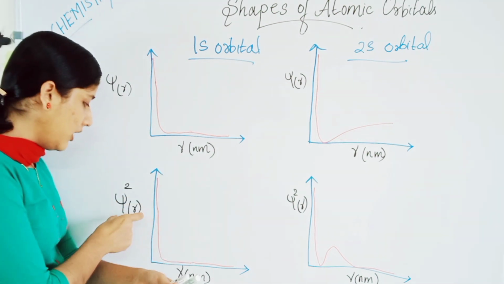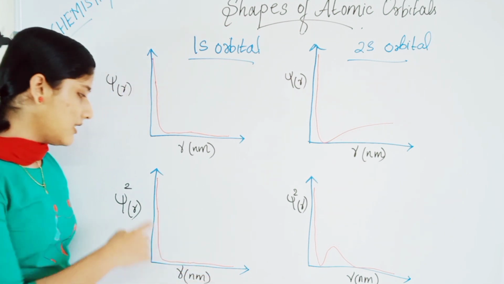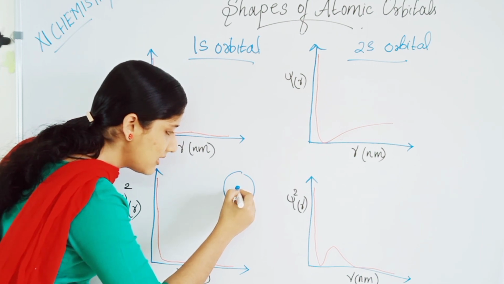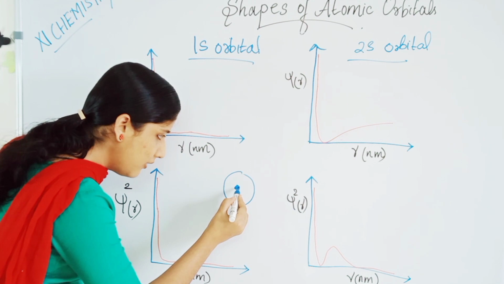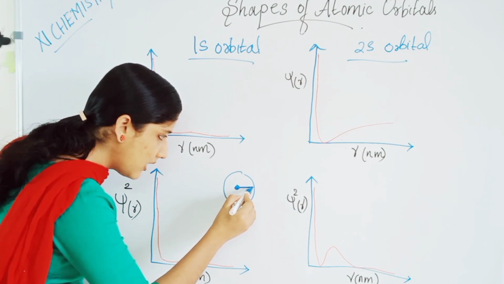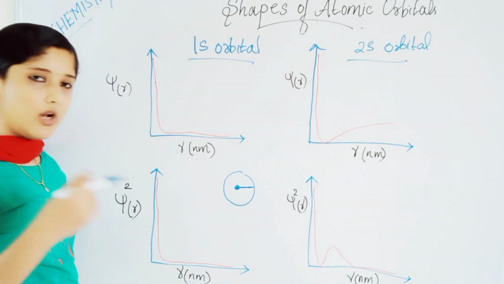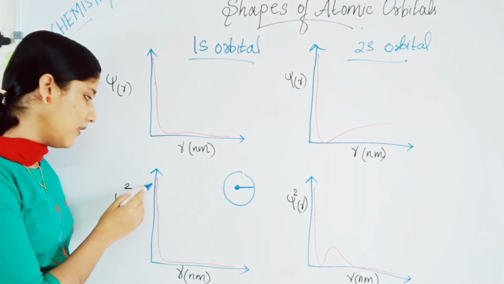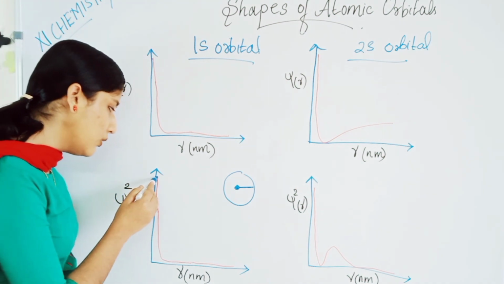When we are drawing psi square versus r for the 1s orbital, we can see what? Consider this is an atom, and this is the nucleus inside the atom. Radius means we are moving from near the nucleus to the outer side. Here we can understand that the probability density is high near the nucleus.